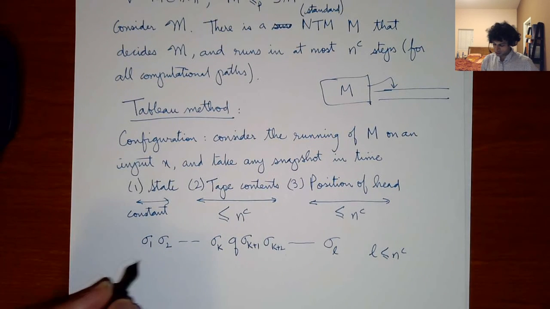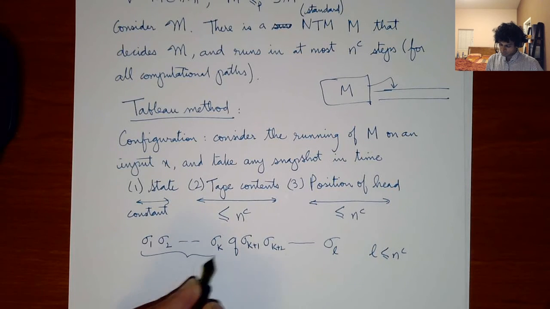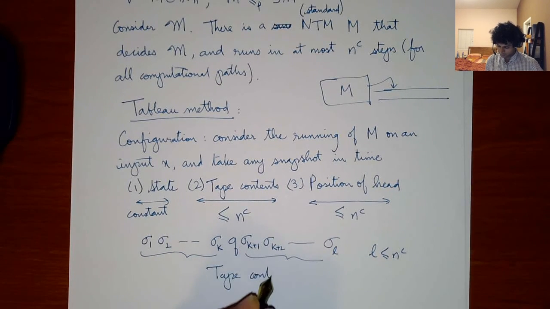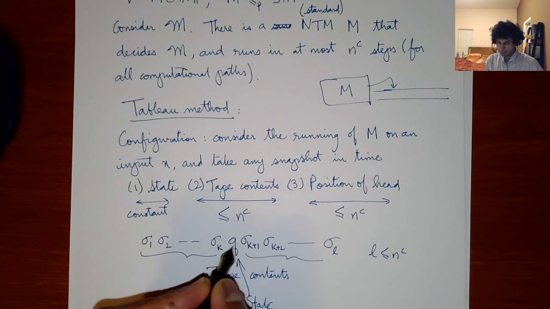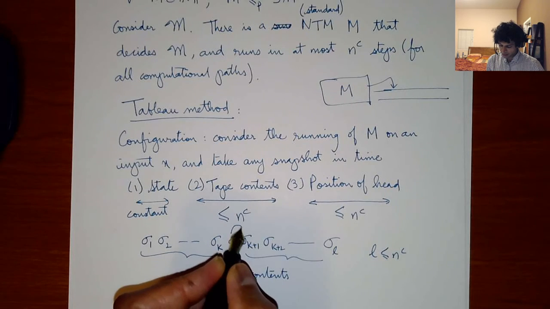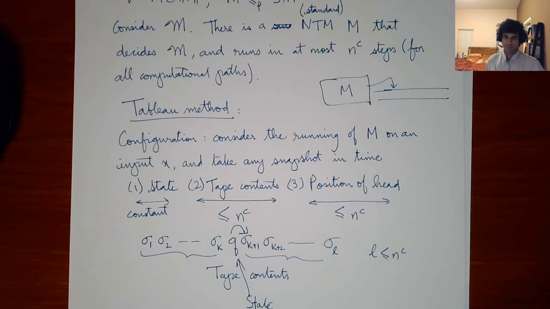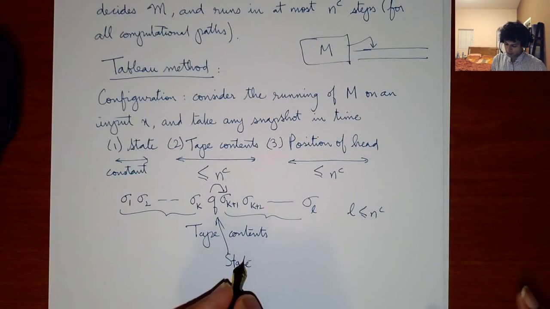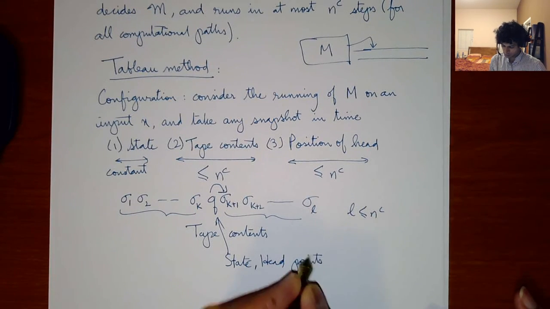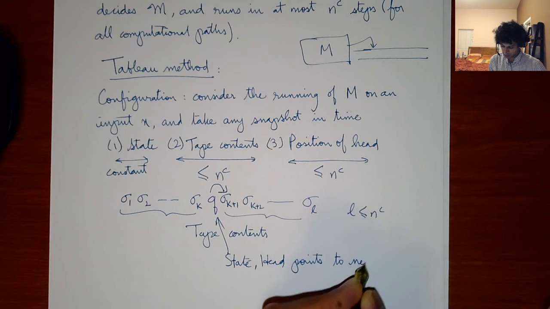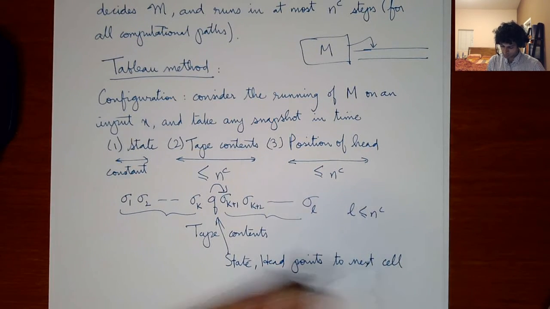So this is the tape contents, this is the state, and by putting it there, I mean the head is pointing to the next cell. That's what this means.